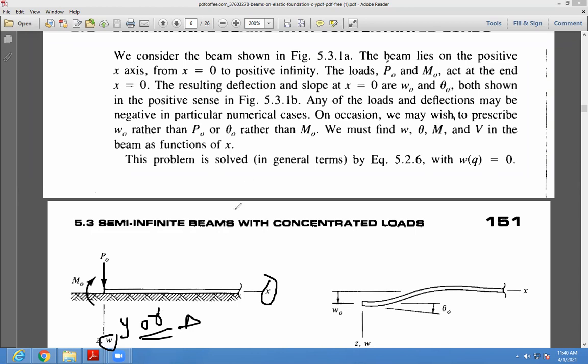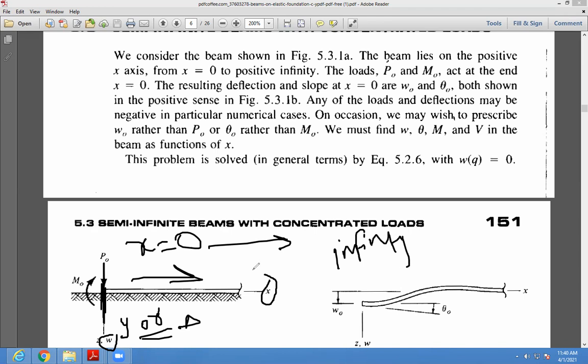So this beam we have considered on the positive x-axis, at origin, that is x equal to 0, x equal to 0 to infinity, that is called semi-infinite.